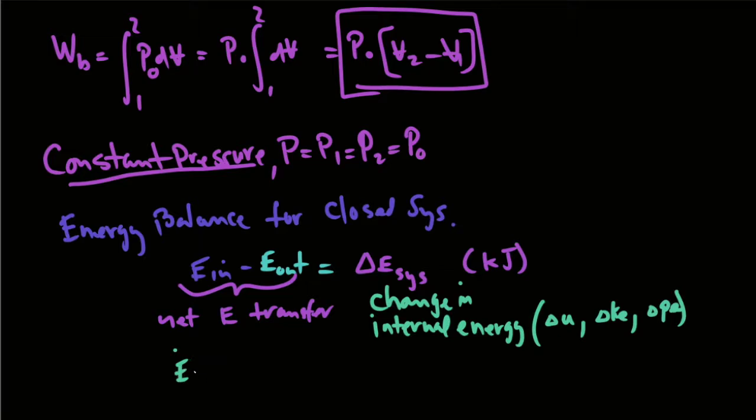The rate of energy that comes in minus the rate of energy that comes out is equal to the rate of change of the energy of the system. This would be in rate form, and so the units would be in kilojoules per second, or kilowatts.